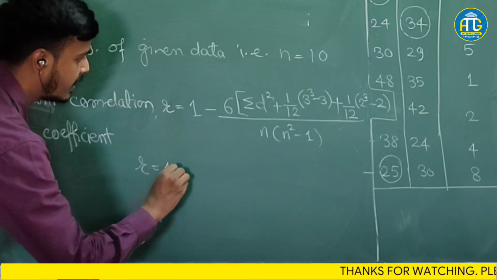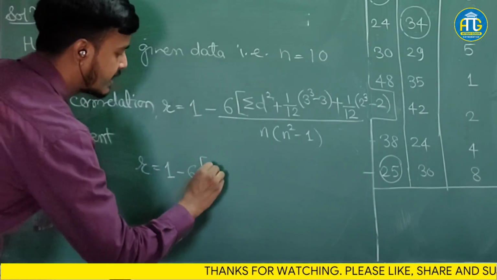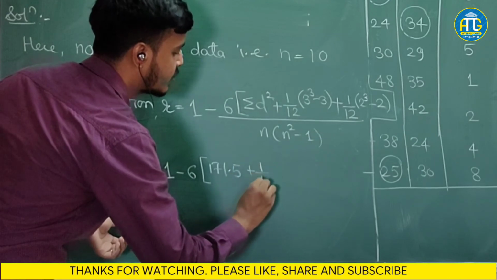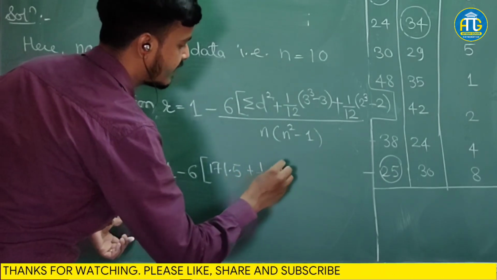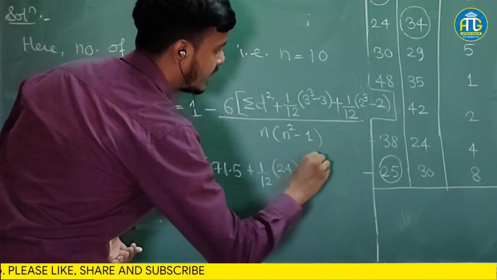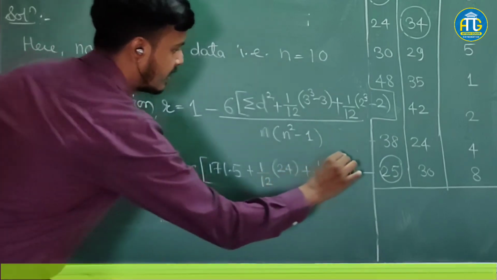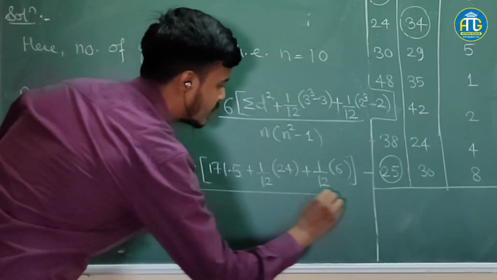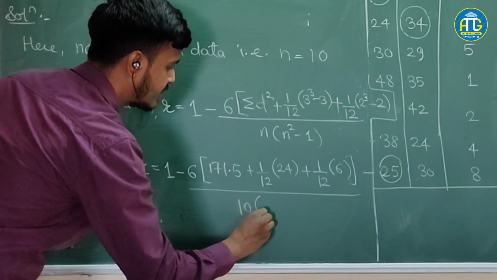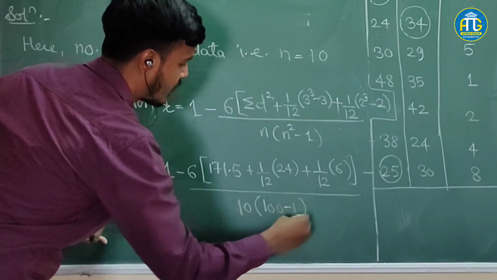So this is 1 minus 6 into summation d square, that's 171.5, plus 1 by 12 into 3 cubed, which is 27 minus 3, that's 24, plus 1 by 12 into 8 minus 2, which is 6, divided by n into n squared minus 1. That is 10 into 10 squared, which is 100, minus 1.